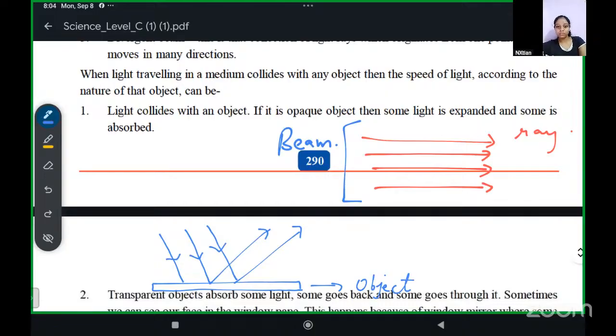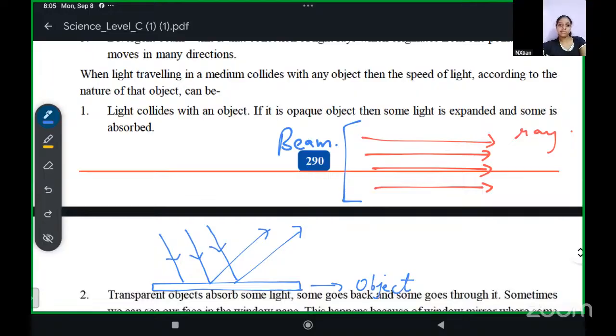That's why we see, for example, the red part of the ray come back, and the others are absorbed. But black is the color where all the light gets absorbed. That's why we see things as black.